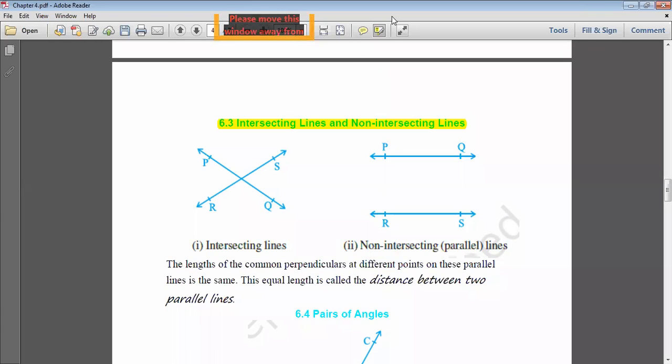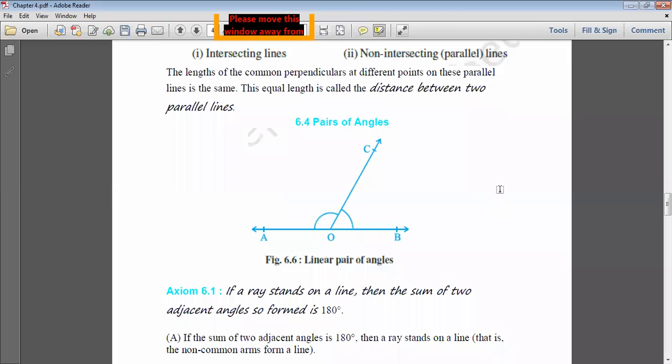They are parallel lines, sir. Yes, as the name suggests, they won't meet at any point. So they are parallel lines, and this equal length is called the distance between two parallel lines. Clear? These are only names, only definitions.